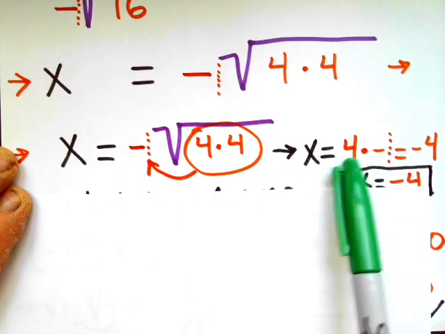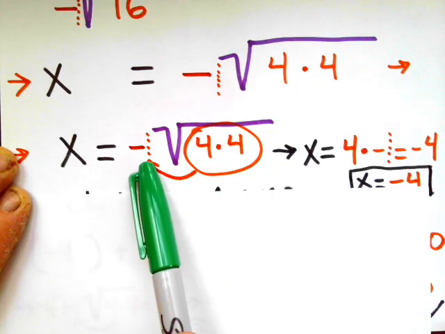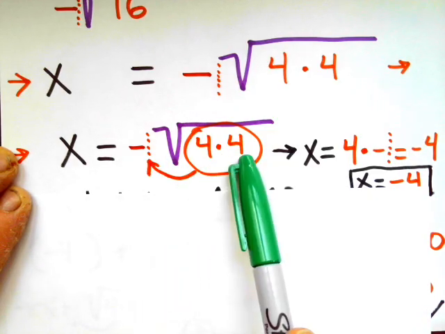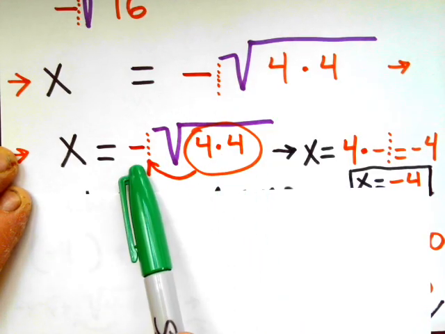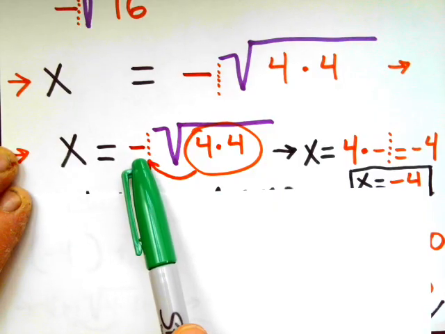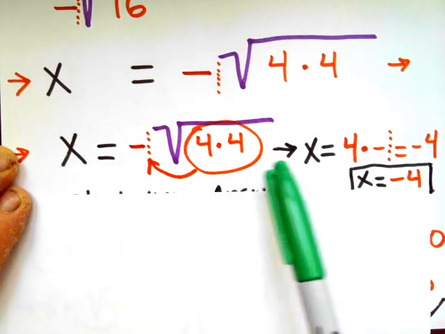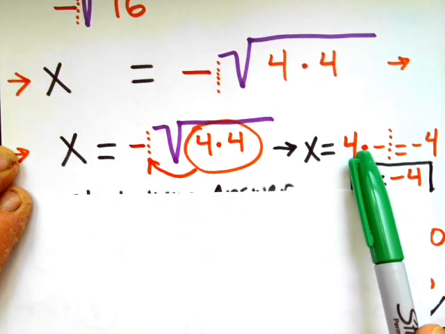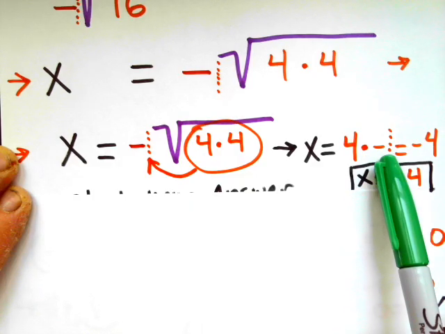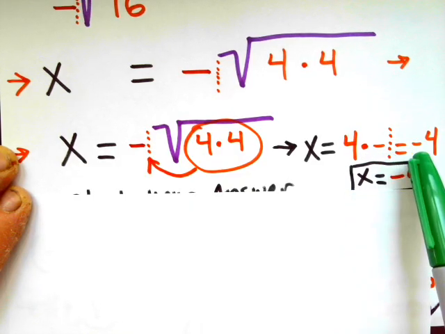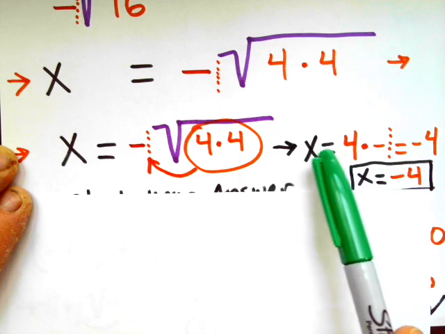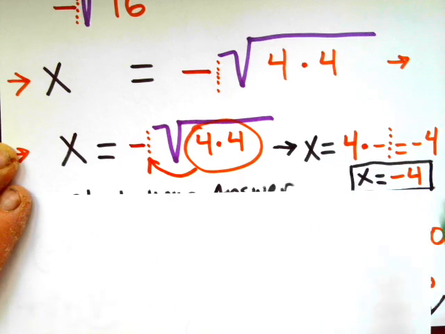The 4, remember that one term you pull out. Because it's a perfect pair, I can pull one term 4. You got to multiply times that term in front of the radical. Here it's a negative invisible 1. So 4 times that negative invisible 1 equals negative 4. So x equals negative 4.